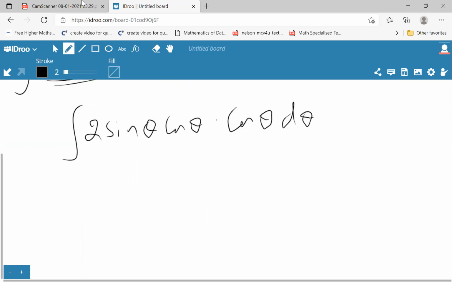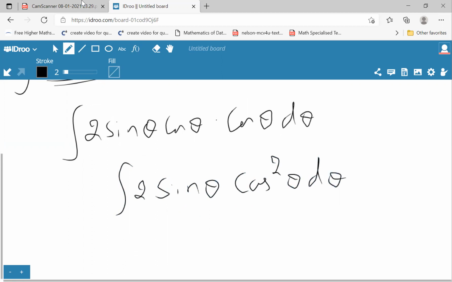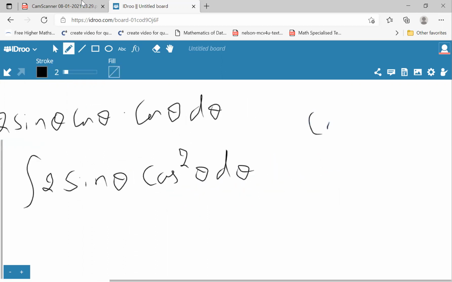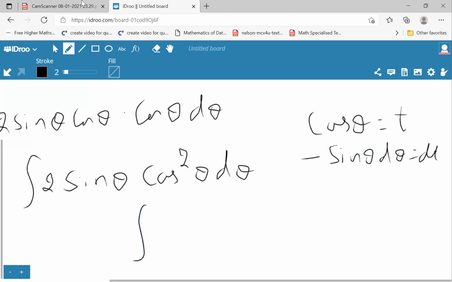So I can write this as integration of 2 sine theta cos squared theta d theta. Now let me take cos theta as t. So cos theta is equal to t, and minus sine theta d theta would be equal to dt.